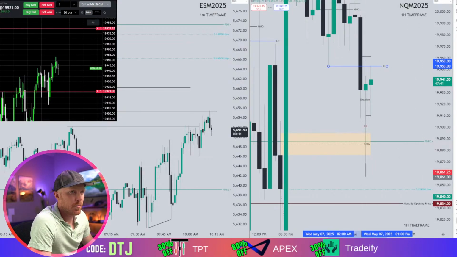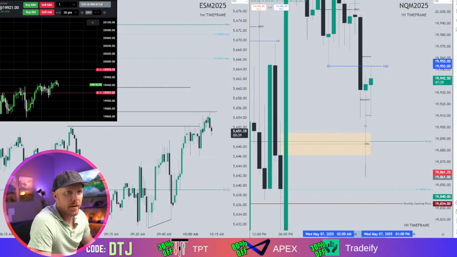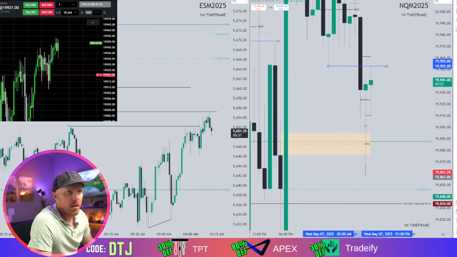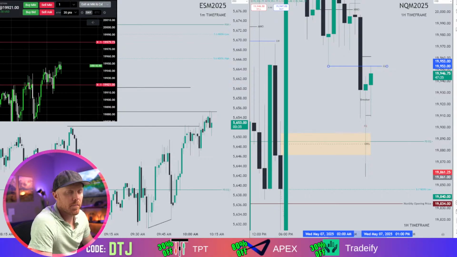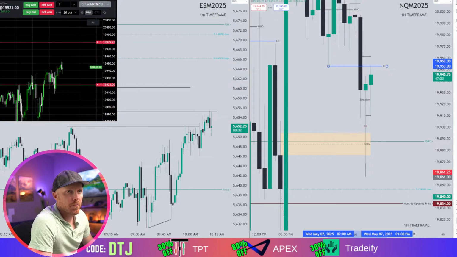We already faked a move lower. I don't know why we'd want to try to fake it again. So we're going to let this play out. I may take profit at this high here.